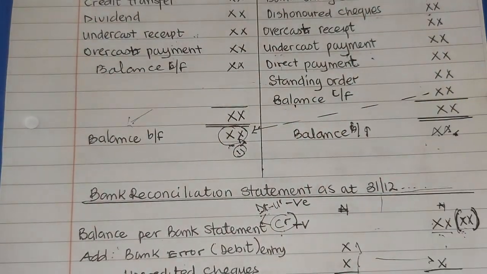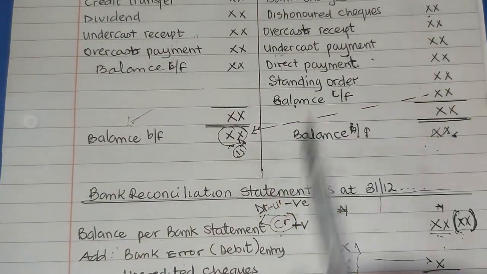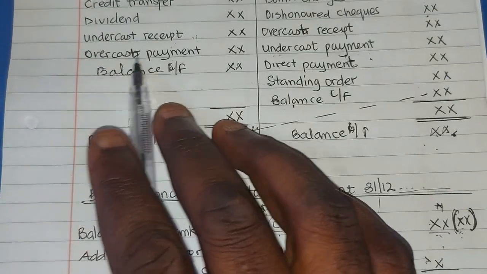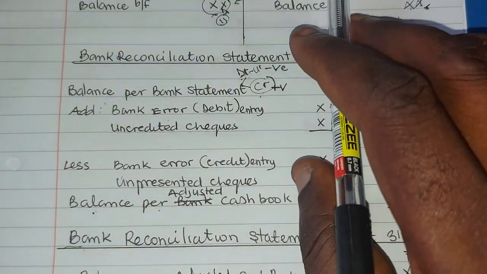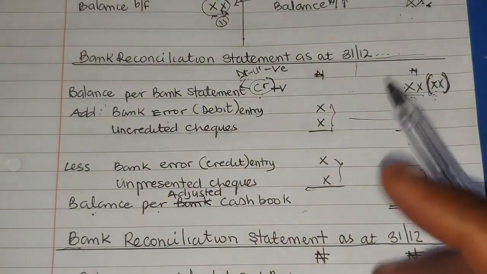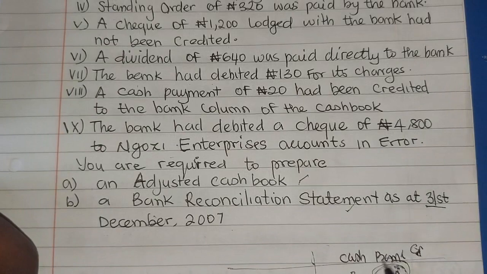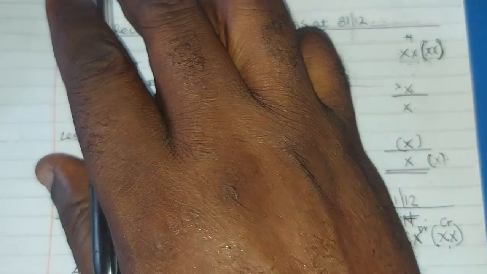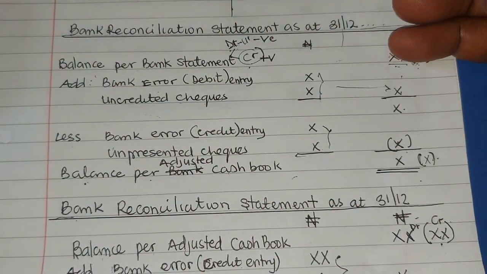Under the payments side, it will fall under this category. It's overcast payment because you have added more to the payment side of the cash book. You have added more, so sorry for that. That is overcast payment, not undercast.